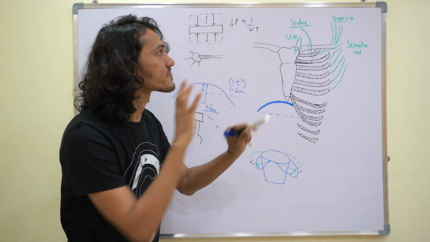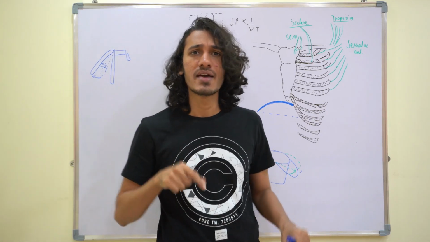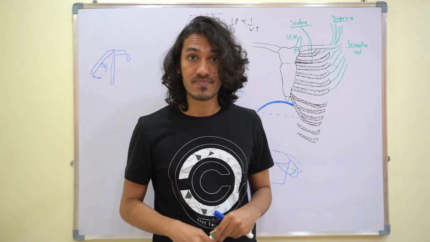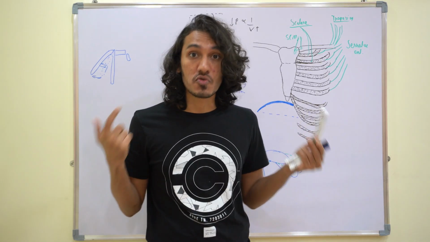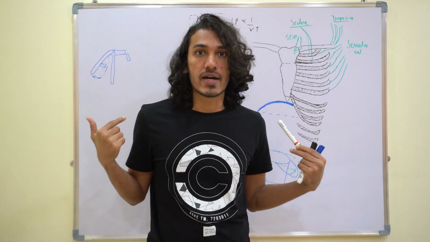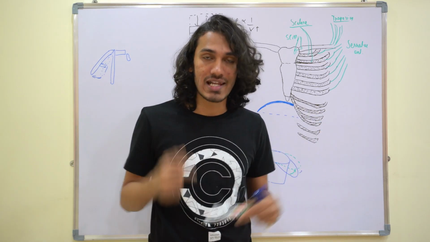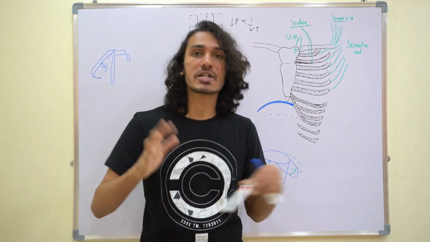So these are the muscles that are there. Apart from this, we got another muscle which is your ala nasi. This ala nasi is how you're going to pinch up your nose to deeply inspire. So this activity is the ala nasi. So these are all your accessory inspiratory muscles.